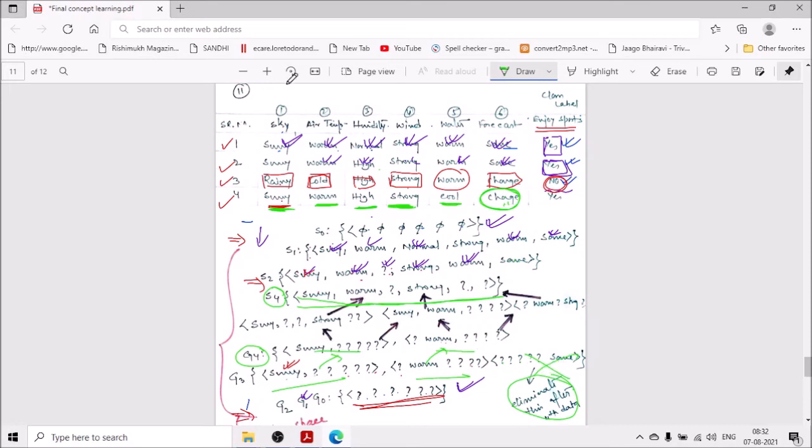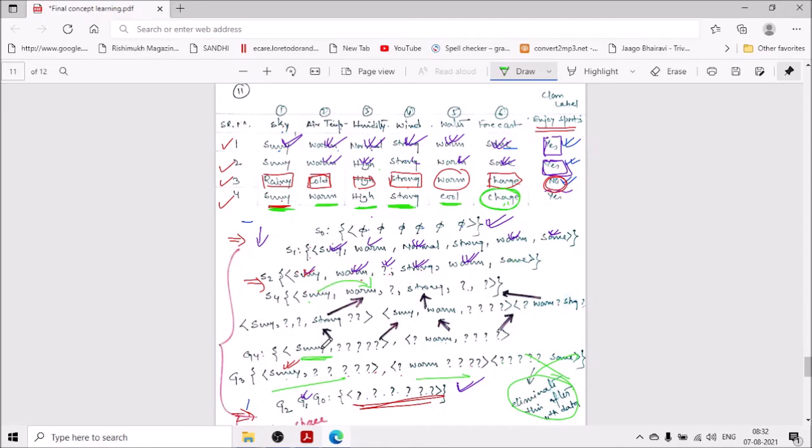Now we have to enumerate the things. To enumerate, we can identify the combinations of the attributes. So we can say sunny with warm. In this case only a single attribute is there. Here we have to identify the hypotheses with two attribute values.